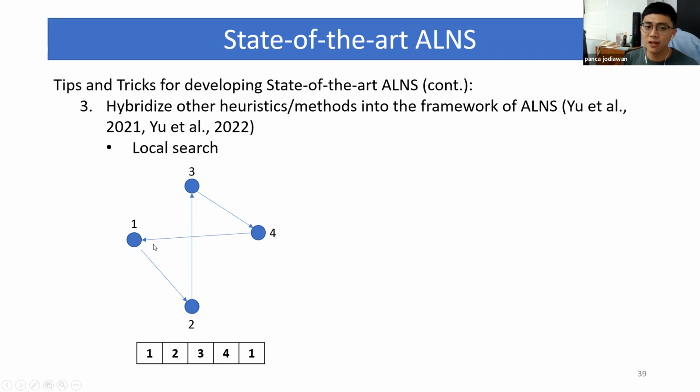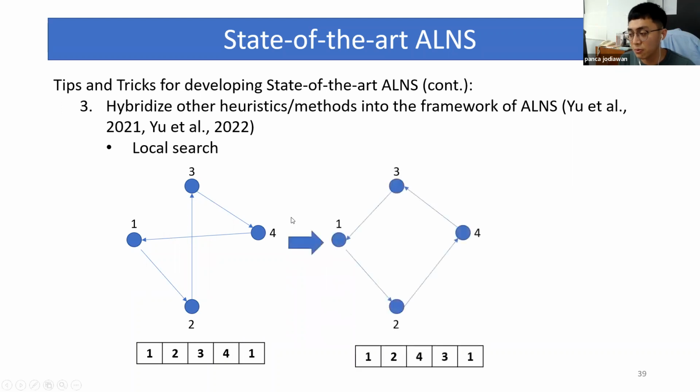If we take a look at the visualization, somehow it looks inefficient because it visits 3. Let me use the pointer. This part looks not efficient. And if we try to improve it, maybe it will become a shorter route.